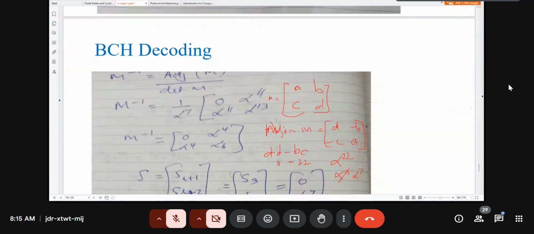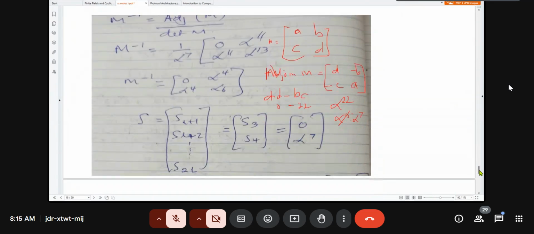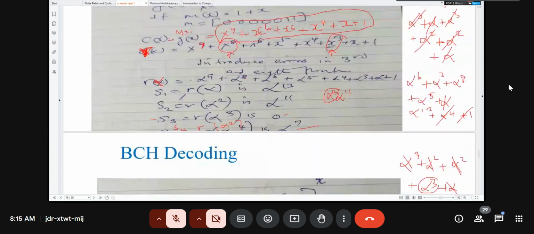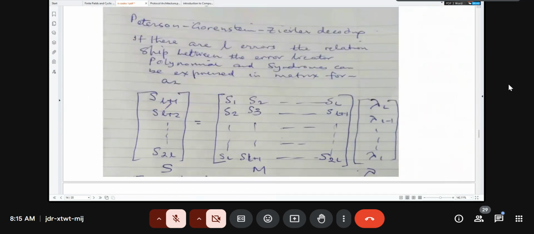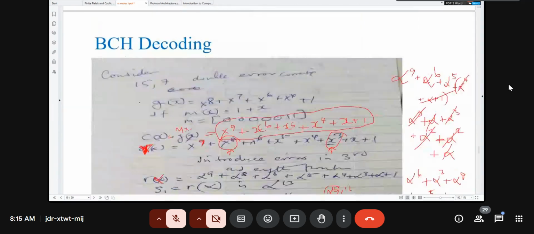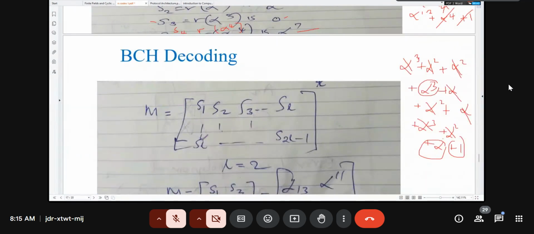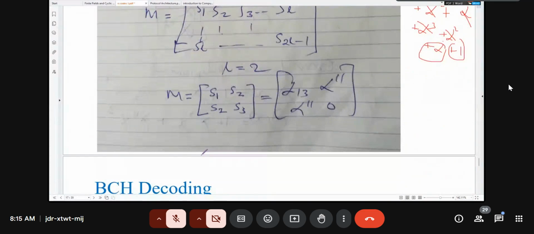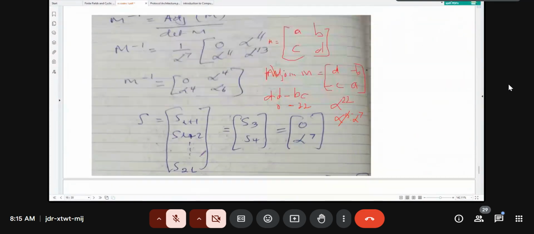Then S, let's see where we're headed. In this case, we are talking of S(i+1), the syndrome vector. We are going back to the PGZ formula. So this becomes S(i+1).